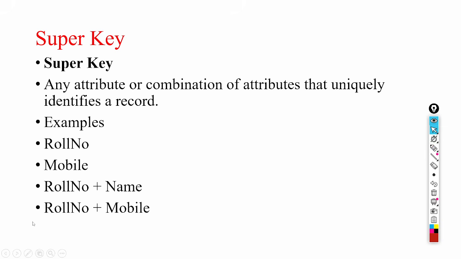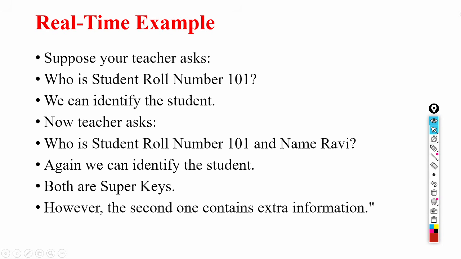I will give one real-time example. Suppose your teacher asks, who is the student with roll number 101? We can identify the student based on roll number 101. Now the teacher asks, who is the student with roll number 101 and name Ravi? Again, we can identify the student.